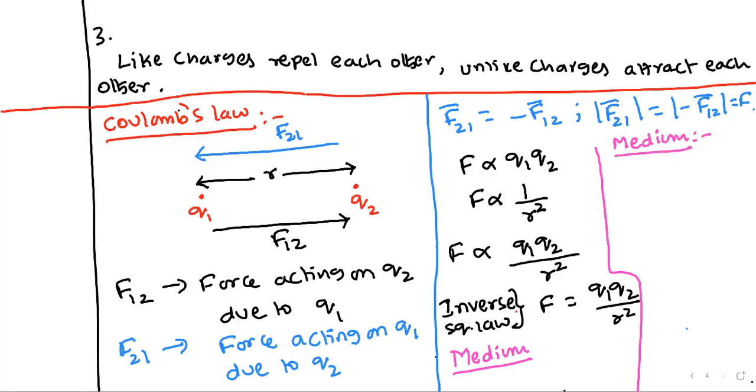Medium means the region or space which is filled with either organic substance or inorganic substance, such that either physical properties or chemical properties or electrical properties will change. Suppose, for example, I have 1 liter of water.